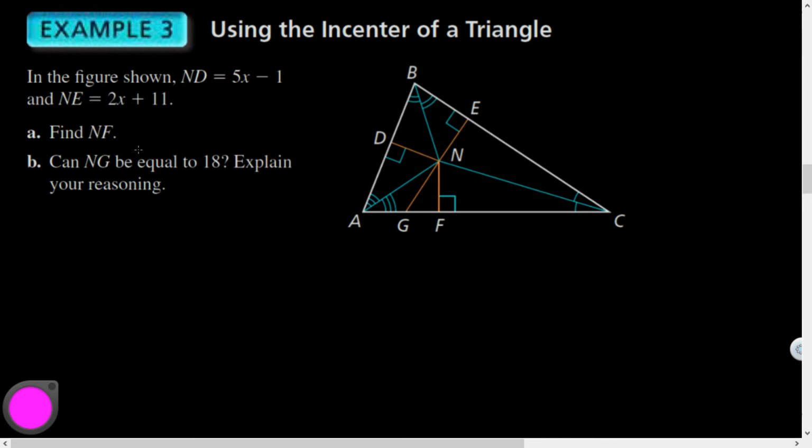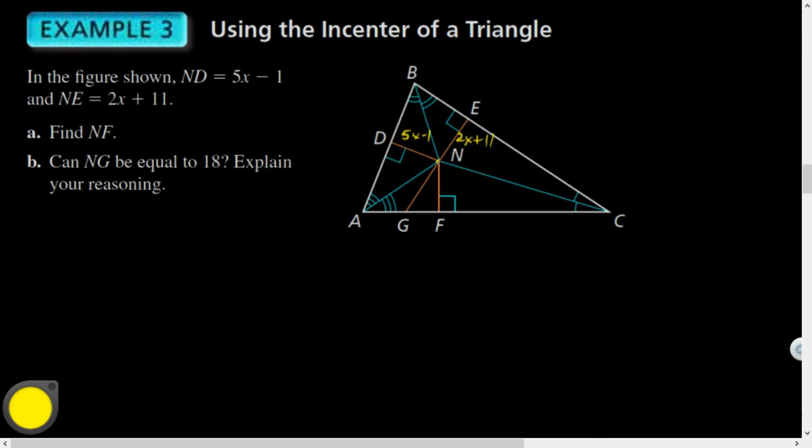All right, find NF. In the figure shown, ND is equal to 5x minus 1. NE is equal to 2x plus 11. And they want us to find the length of NF. These 3 blue segments are all labeled as angle bisectors.